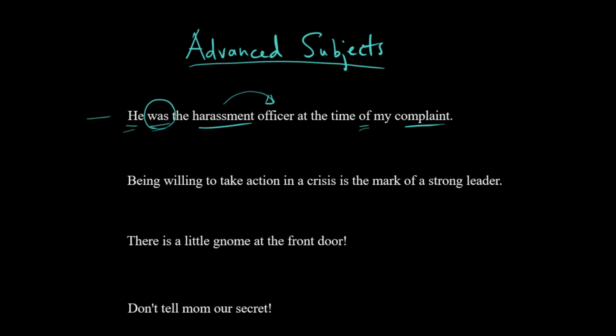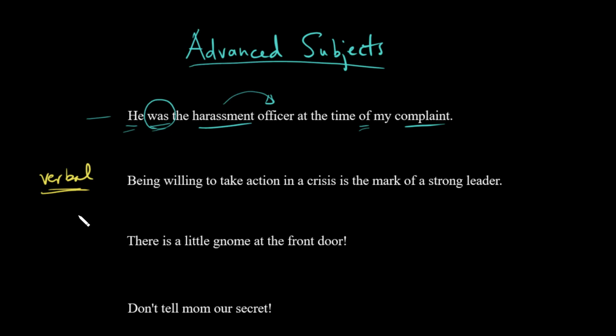Okay, the next one here reads, "Being willing to take action in a crisis is the mark of a strong leader." The thing to watch out for here is verbals. So a verbal is not its own part of speech, but it's basically a word that's derived from a verb, but is usually no longer acting like the main verb unless it has a helping verb with it.